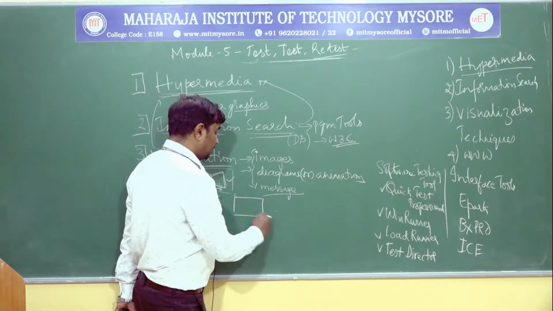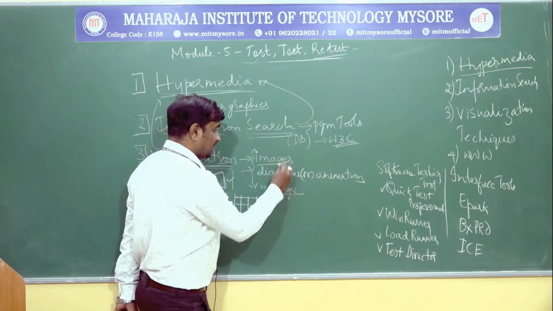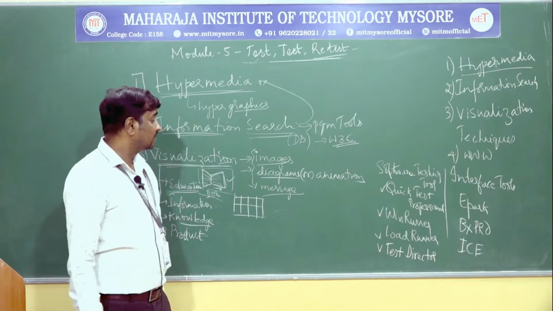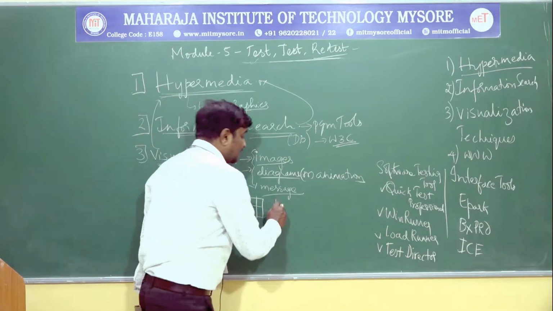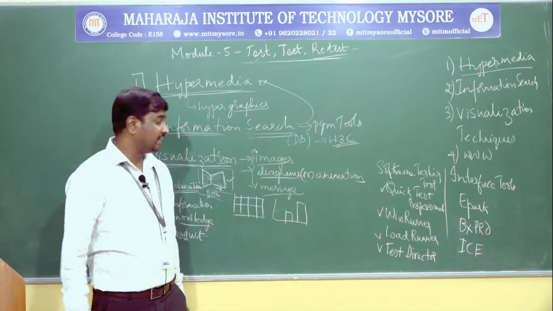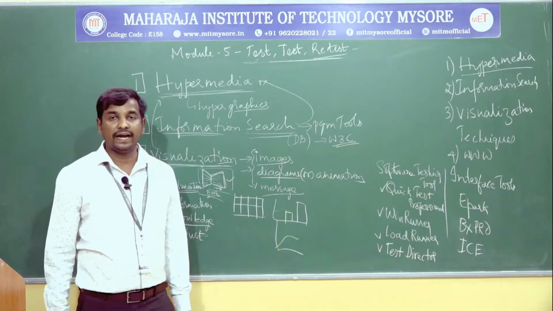Visualization is not only images; even diagrams can be considered as visualizations. A table is one example, a matrix is one example, a chart is one of the representations, and graphs are one of the representations of visual ideas.